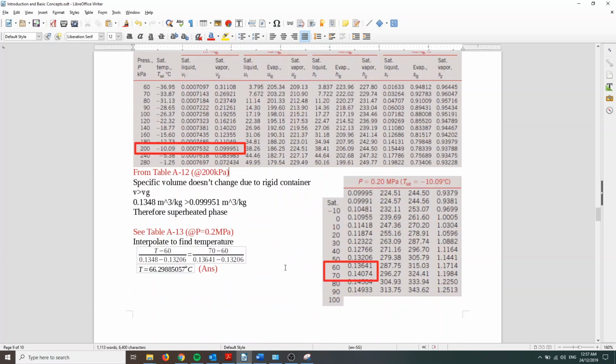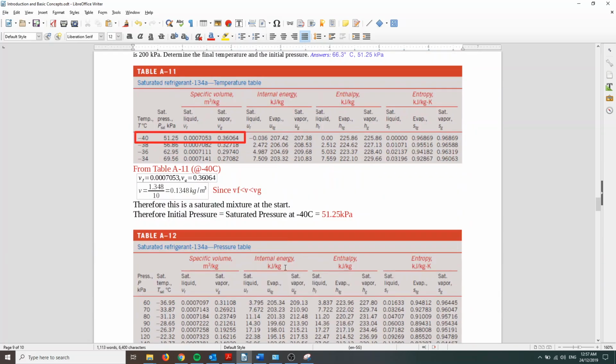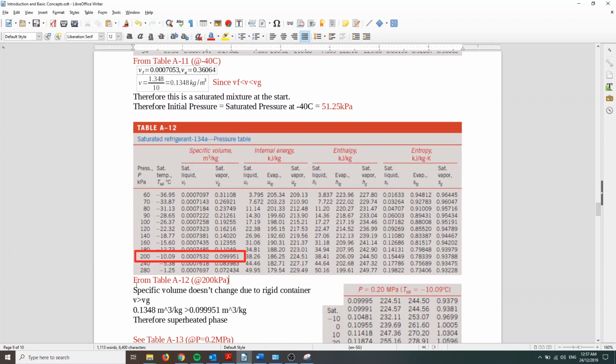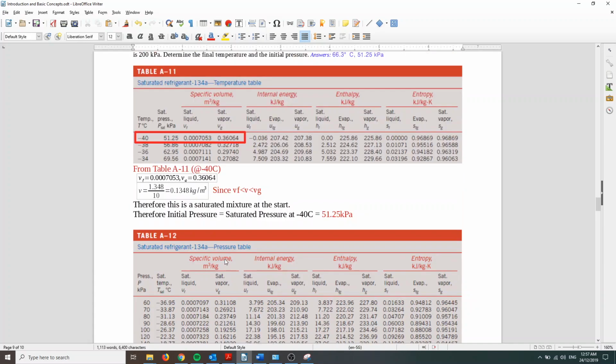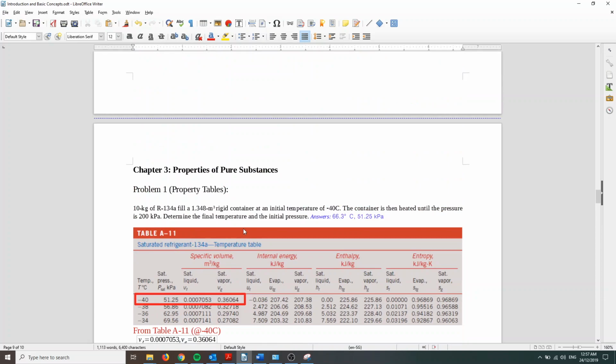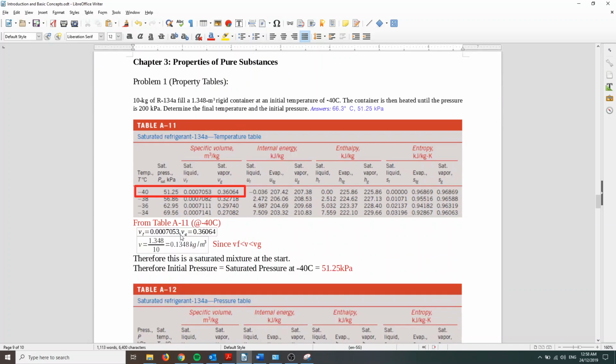From table A12 at 200 kilopascal, we can get the VF and VG values. Because it is a rigid container, the specific volume doesn't change in this question, so it doesn't change from state 1 to state 2.